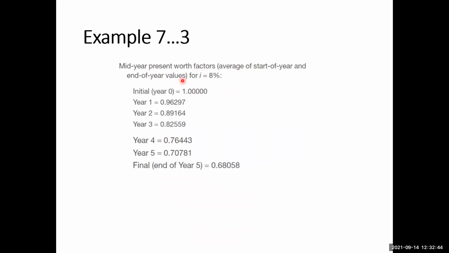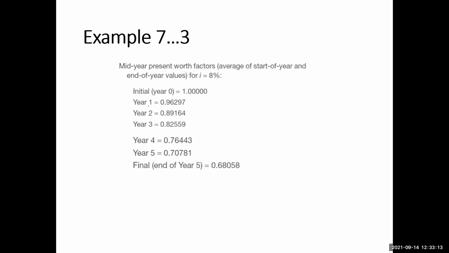And here the present worth factors have been provided. These present worth factors, I think, can be calculated like this. I can show some. So these are the present worth factors.